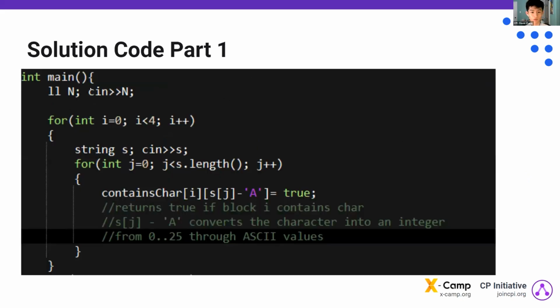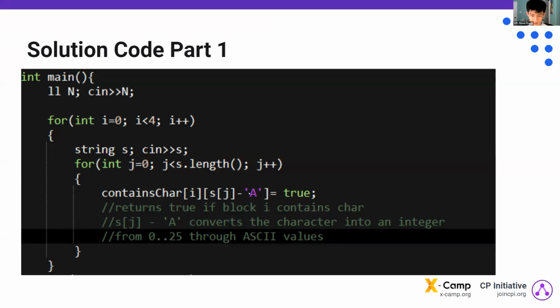Then in order to initialize contains char, I'll take my strings as input. First I input the n words, that's just required. And then I'll input each string. There are 4 blocks, and these strings represent the blocks. For each block, I'm going to iterate through all of its characters and say that it contains the letter.